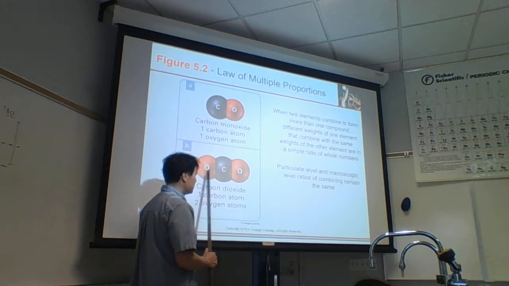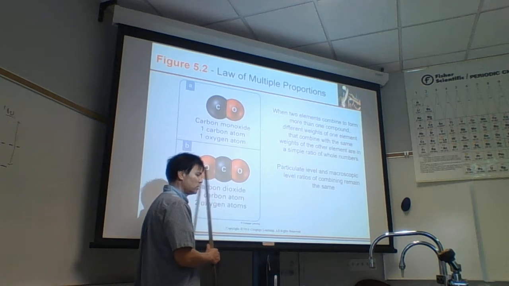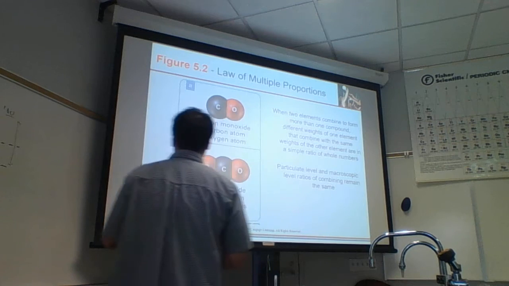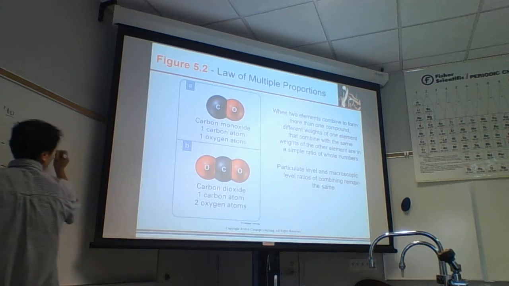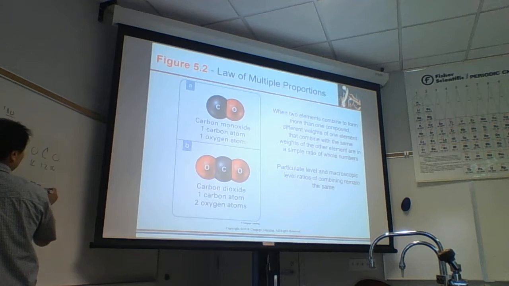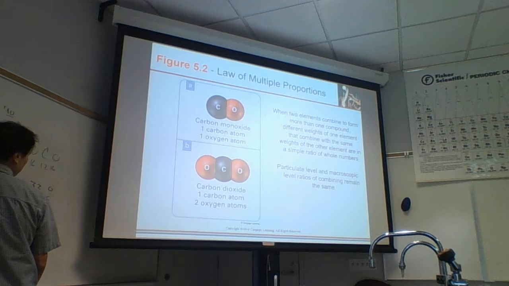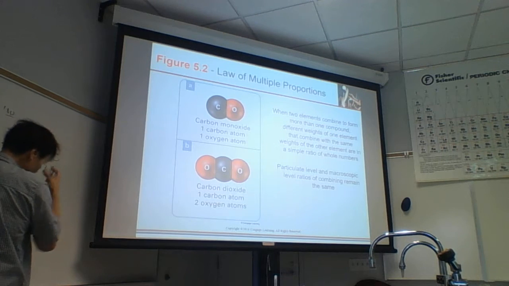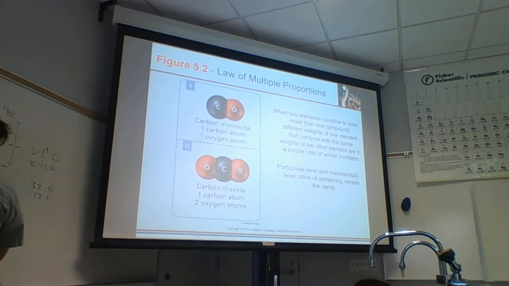To visualize these as weights is weird, because, for example, carbon is what we call 12, oxygen 16, and so we have 32 for the oxygens for every 12 for the carbon. In terms of weight ratio, if we call carbon 1, then 12 goes into 32 how many times?